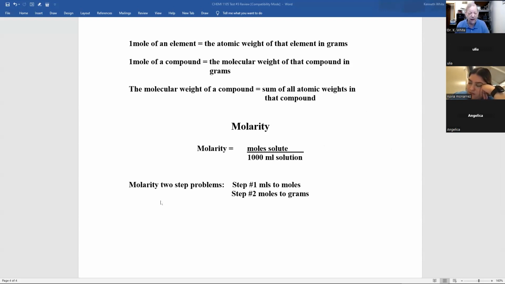Remember, I showed you yesterday, and I'll do one in a little while, this 2-step molarity problem. In step 1, you convert milliliters you're given to moles of solute. Then you convert moles of solute to grams of solute. And that's the important thing. 10 points.